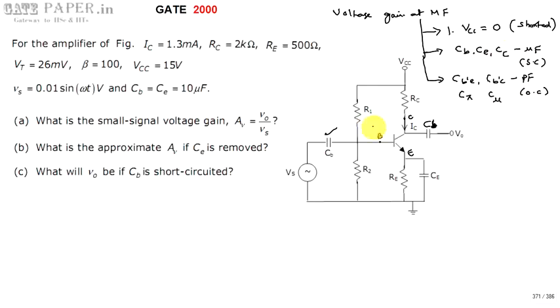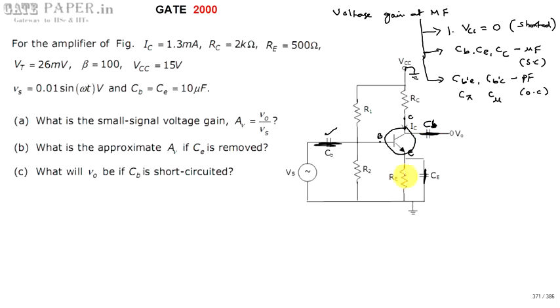First of all, you have to draw the AC equivalent, then replace the transistor symbol with the equivalent model, then do the analysis to calculate the small signal voltage gain. So first, VCC has to be grounded. All capacitors CB, CC, CE act as short circuit.